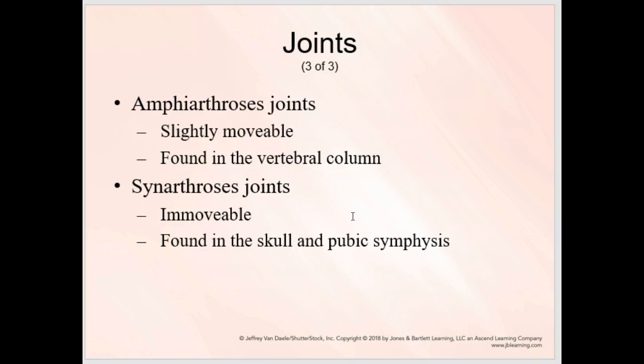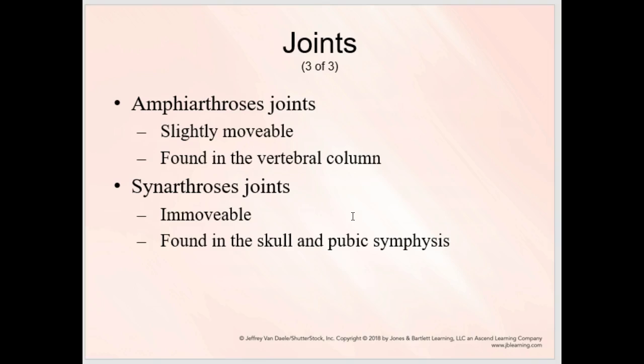We also have joints which are not as movable as those synovial joints. They're put into areas where we have more support but less movement. For example, the vertebral column has what are called amphiarthroses. Amphiarthroses are slightly movable, but not as movable as a synovial joint or the next joint known as a synarthrosis.